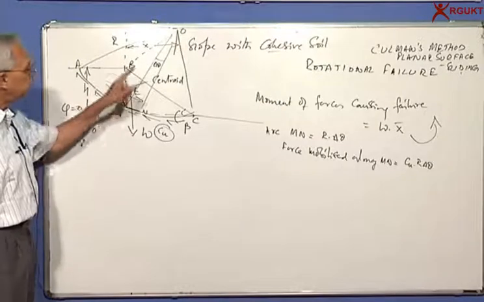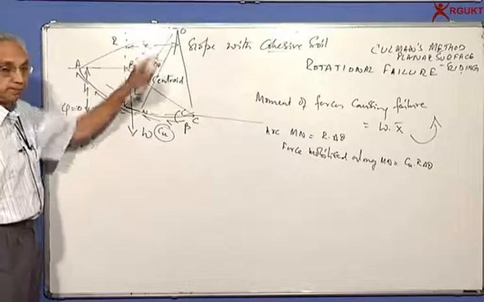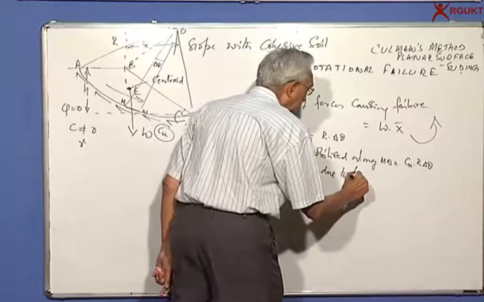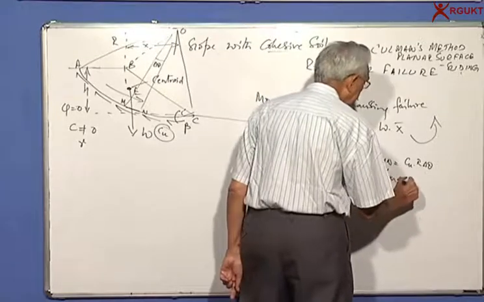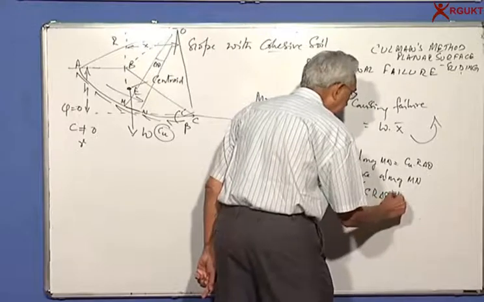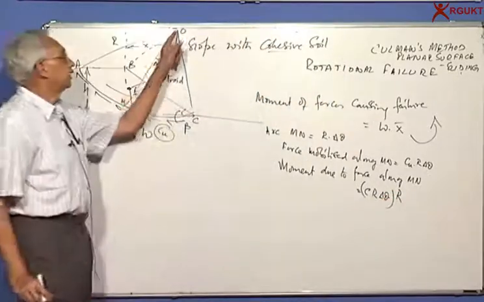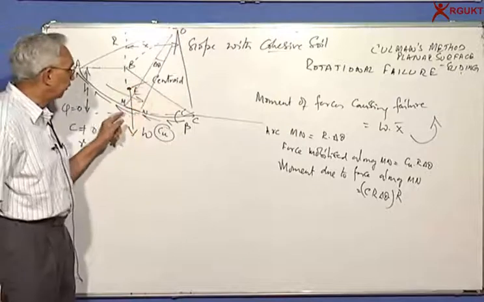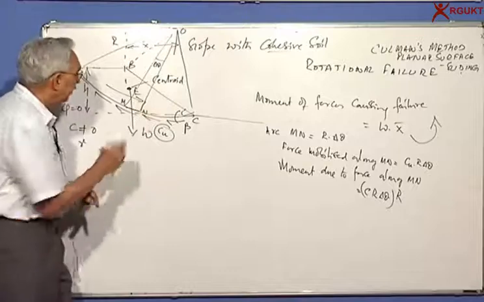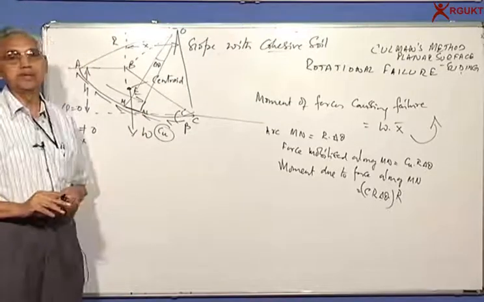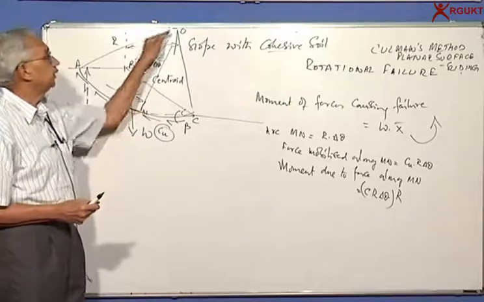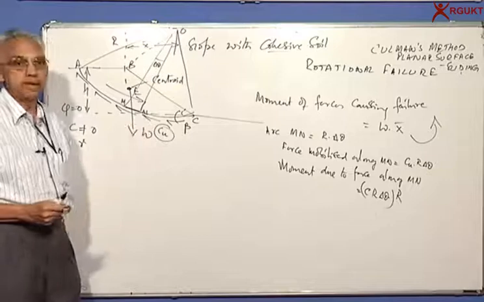And what will be the moment of this force with respect to the center? Moment due to force along MN is Cu R delta theta times the lever arm. What is the lever arm? It is equal to R. The center is here, and this force is along the arc. If this is the radius, you again agree that the tangent is perpendicular to it. So the force is tangential to the arc, so the lever arm is equal to R itself.